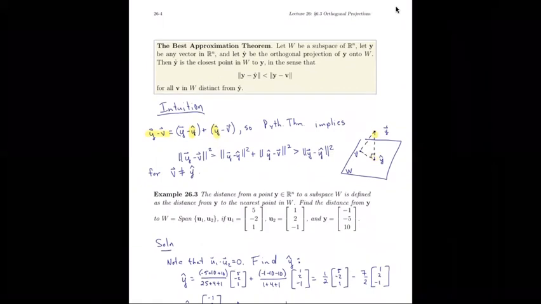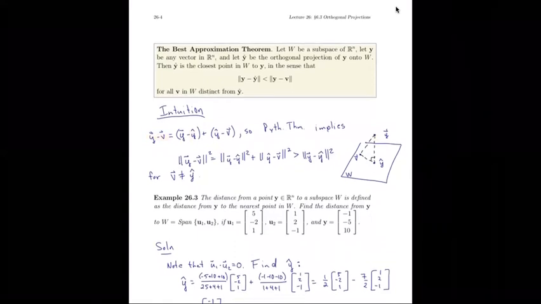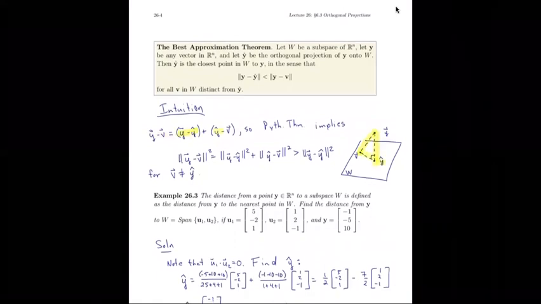So the length between y and v squared, y minus v, its length squared is the hypotenuse of a triangle whose other lengths are y minus y hat and y hat minus v.